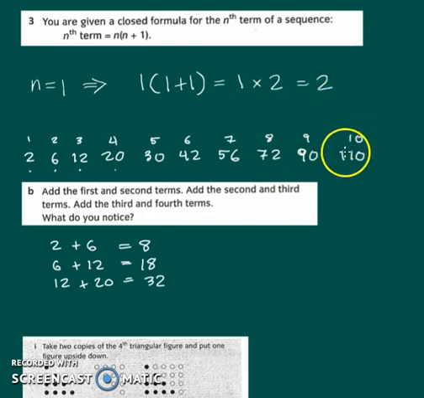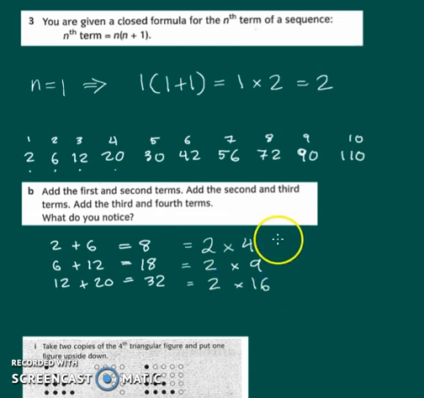So they want to know if we notice any patterns. And I think there's a number of patterns that we could notice here, but the one that jumps out at me is that 8 is equal to 2 times 4. 18 is equal to 2 times 9. And 32 is equal to 2 times 16.